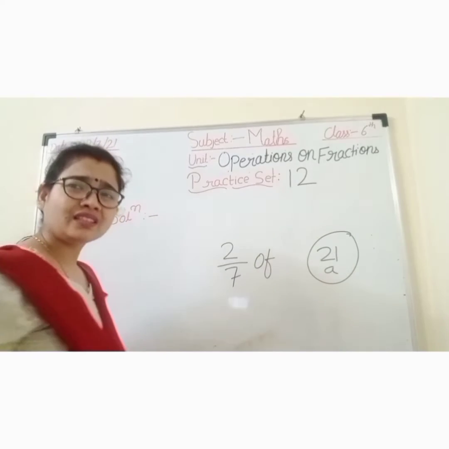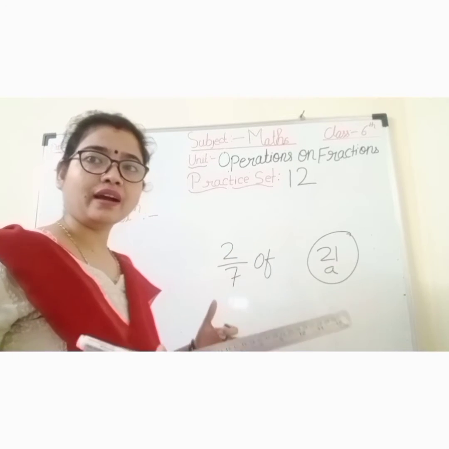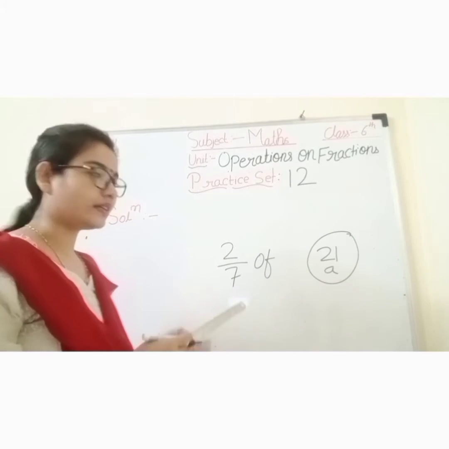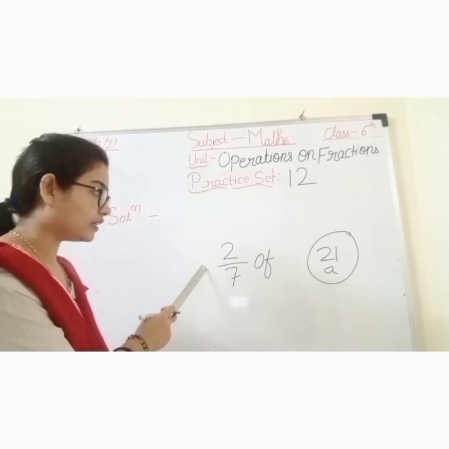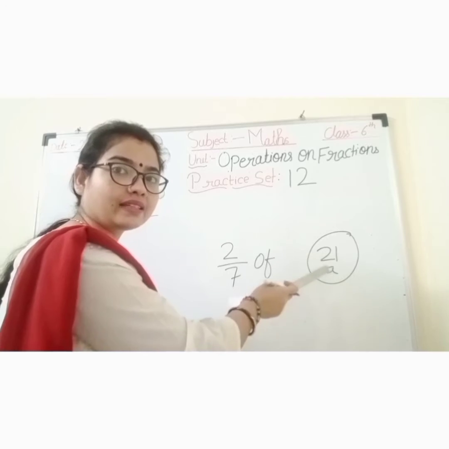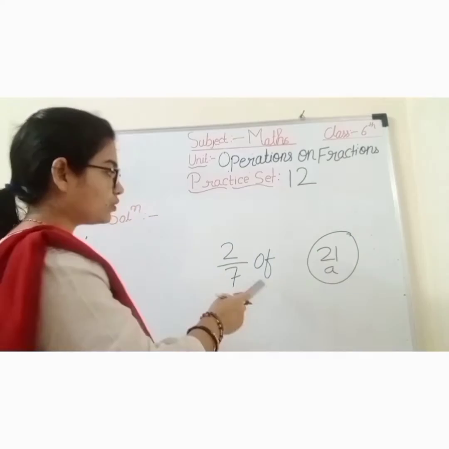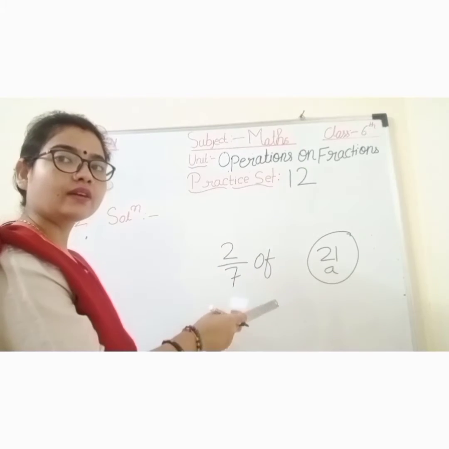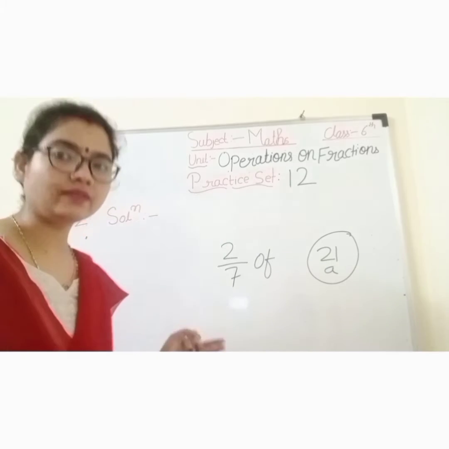So nothing we have to do very hard. It is very easy to understand. This land is of 21 acre. So in pictorial form I have written this to make you understand. Now I will write the full sentence.